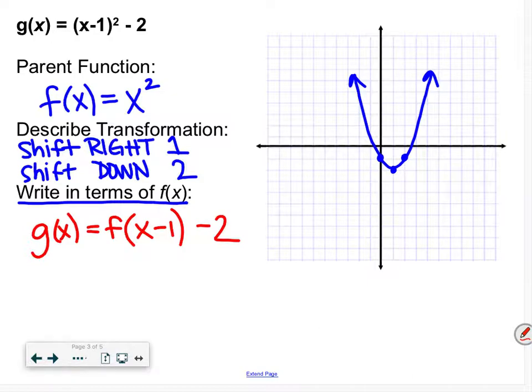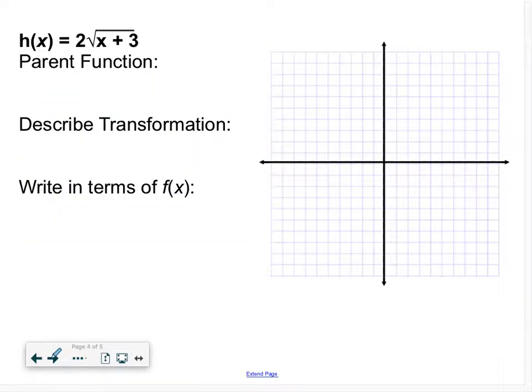Okay. Go ahead and write down this problem for me. Okay, and then look up here for me.